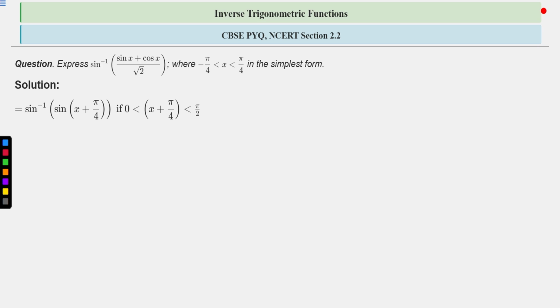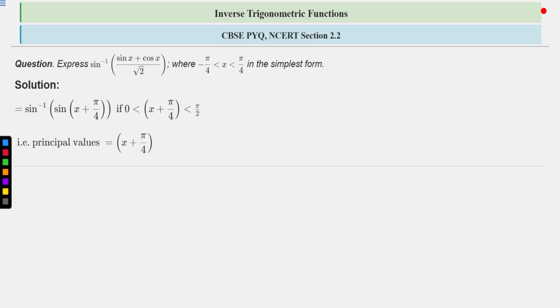And we can write sin x into 1 by root 2 plus cos x into 1 by root 2 as sin(x plus pi by 4), right? Because we know that sine of pi by 4 is 1 by root 2 and also cos of pi by 4 is 1 by root 2, right? Therefore, the given expression comes out to be in the form sine inverse sine(x plus pi by 4), isn't it?